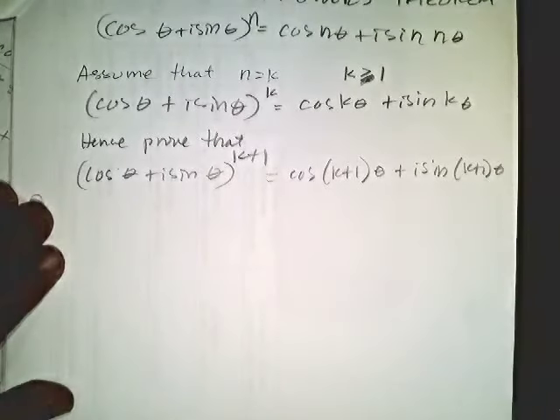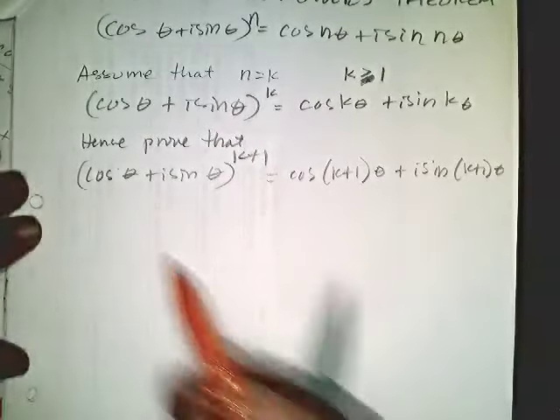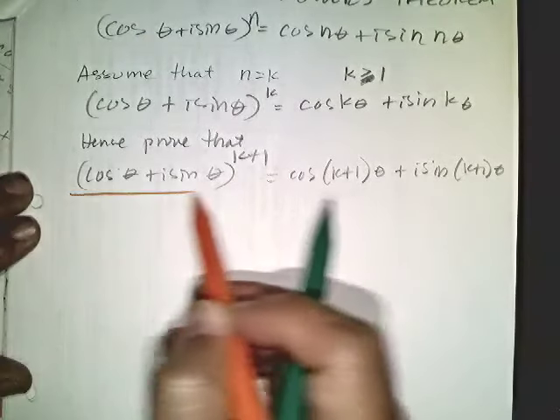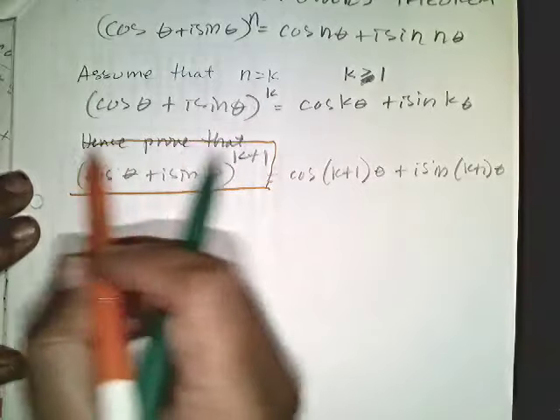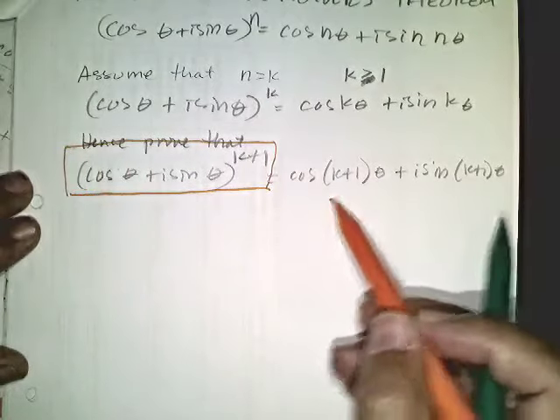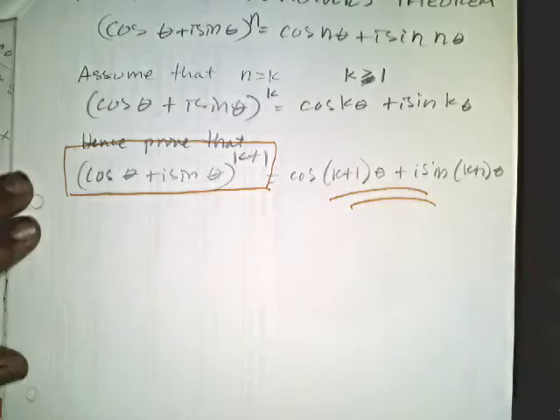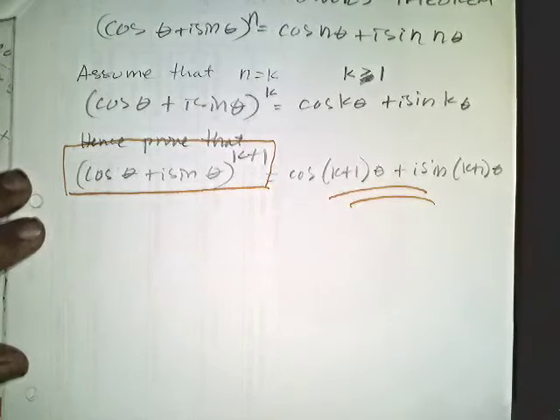So basically our target is to simplify this left hand side, and after simplifying it, we need to show that our final answer is the right hand side. So let's try to do that.